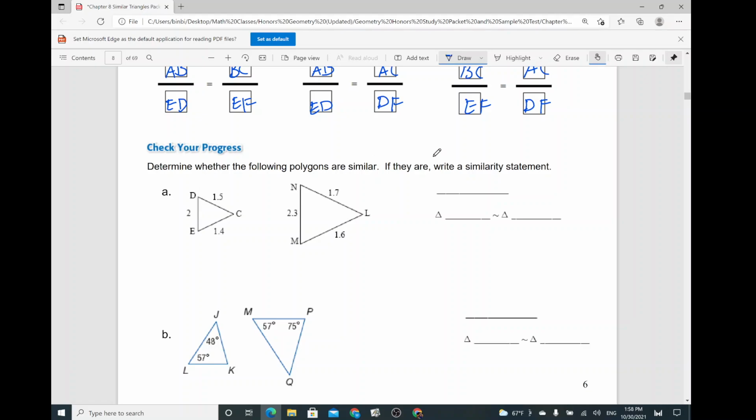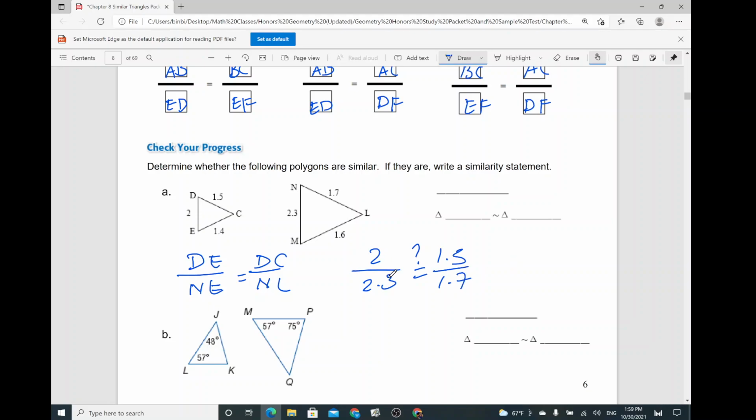Check this one out: 2 over 2.3, is that the same as the ratio of 1.5 over 1.7?